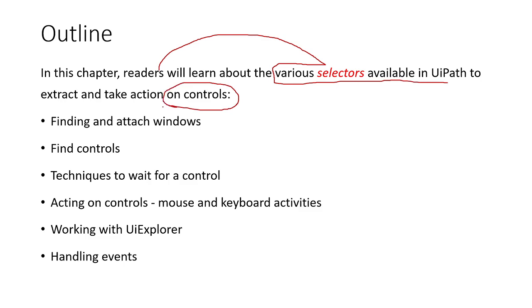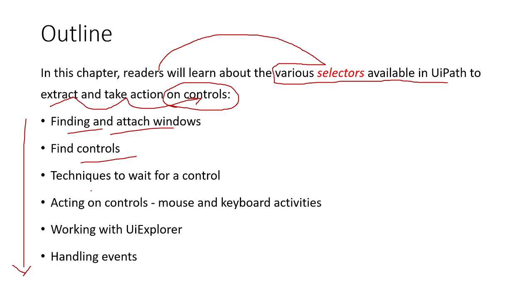Now I will go one level below. Controlling is nothing but extracting and taking some action on the controls present in the application. That is the main objective of this chapter, and the roadmap to achieve this is as follows. First we have to find a way to find and attach the windows. Then a way to find the controls.